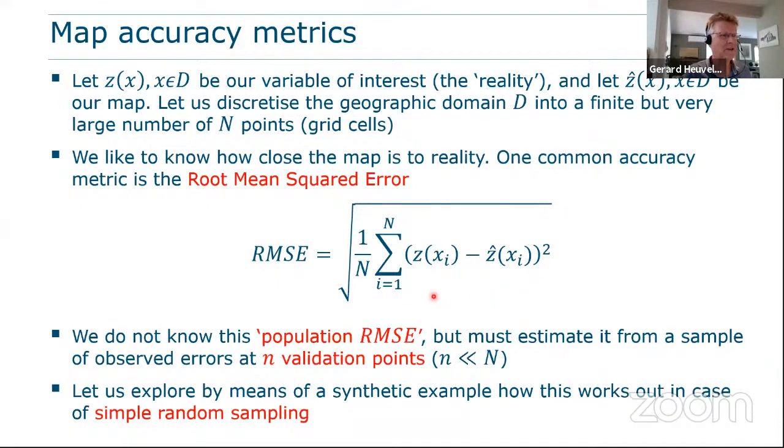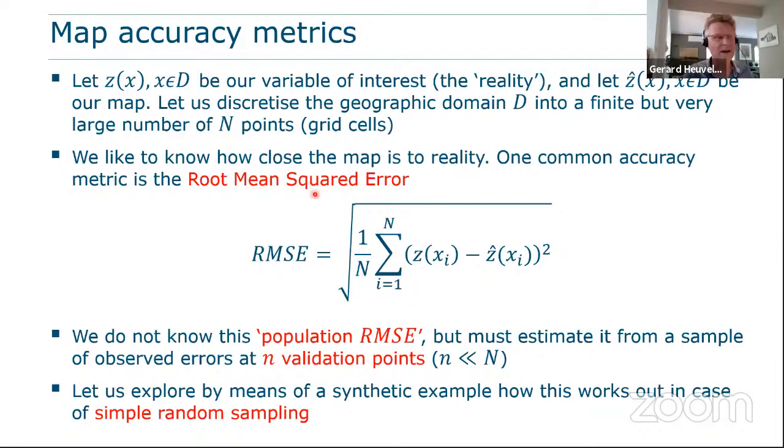So what we could do is visit all the locations in our study area. I discretize the geographic domain D into a very large but finite number of, let's say, grid cells, and I visit all those grid cells. I subtract the map estimate from the true value, look at the squared difference, average those, and maybe take the square root to get the root mean squared error.